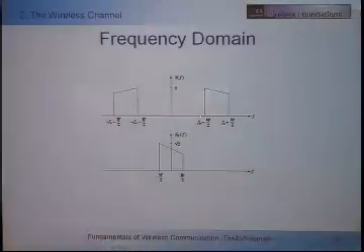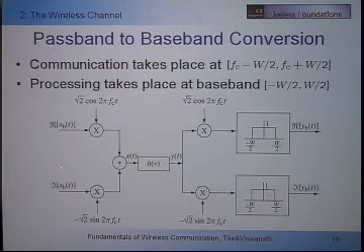So you have conjugate symmetry, but if you shift it to the baseband, you're just taking half of this and plugging it here. You can see that this has no conjugate symmetry, and therefore the signal is necessarily complex. And in terms of the time domain, we're thinking of this as the real part and this as the imaginary part of that complex signal.